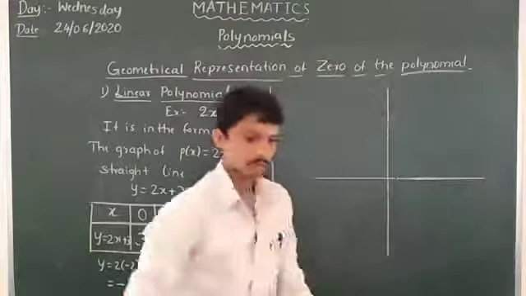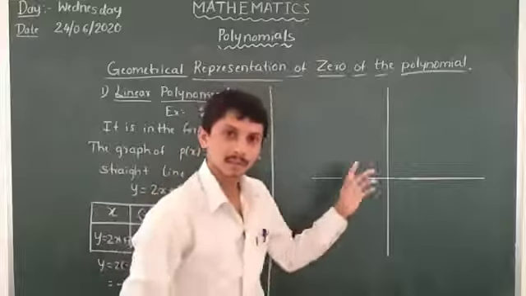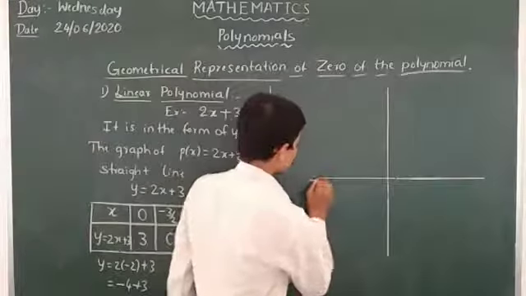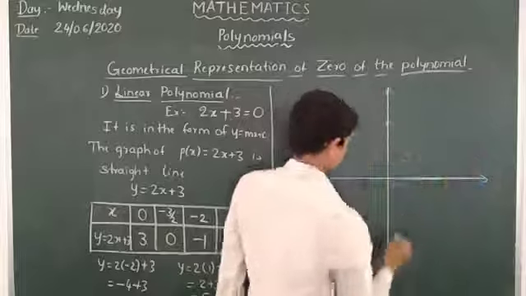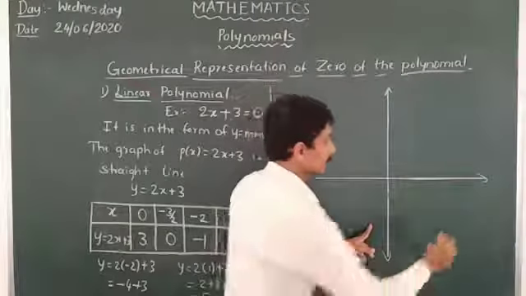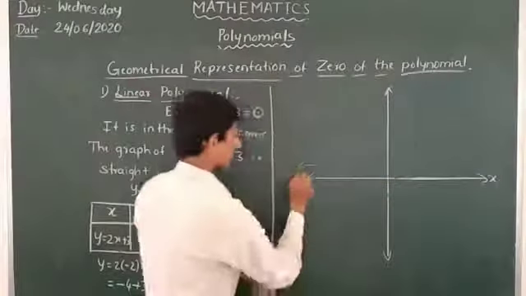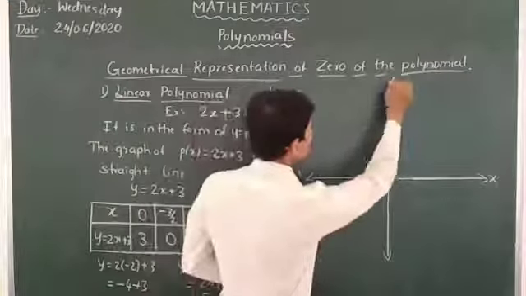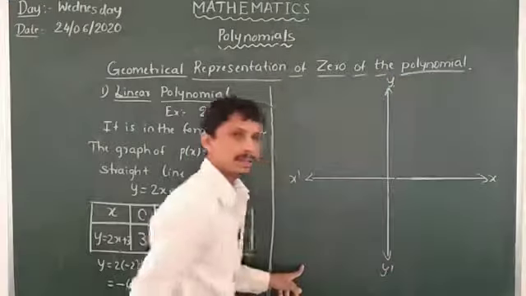We have to take equidistant coordinates here. This is the positive x-axis and the negative x-axis, and the positive y-axis and negative y-axis.